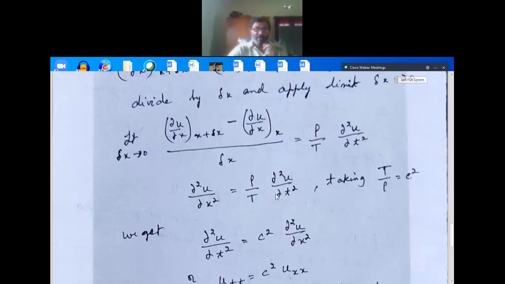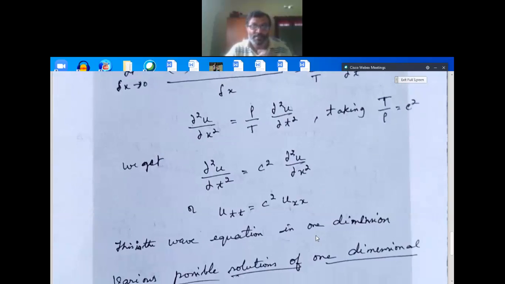I keep only dou squared u by dou t squared on one side and take the other to the other side. So this is utt, you know the short form of partial derivative, utt. This is equal to c squared uxx. So this is the required wave equation in one dimension.